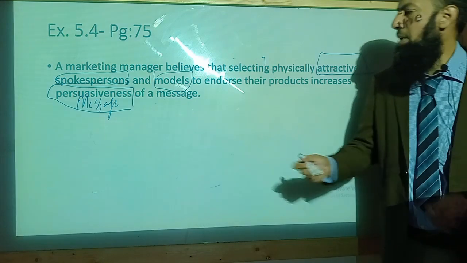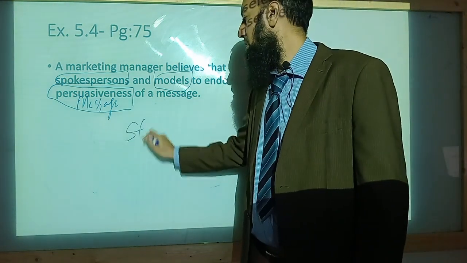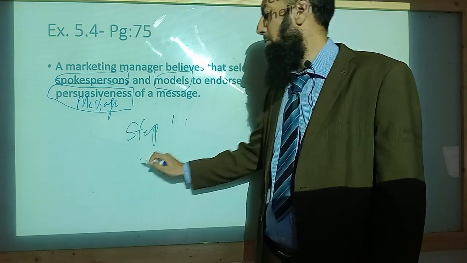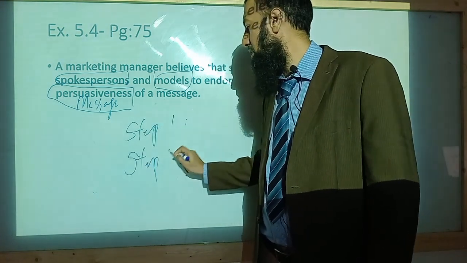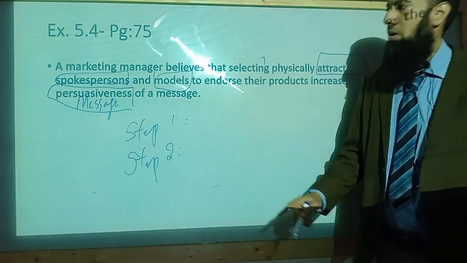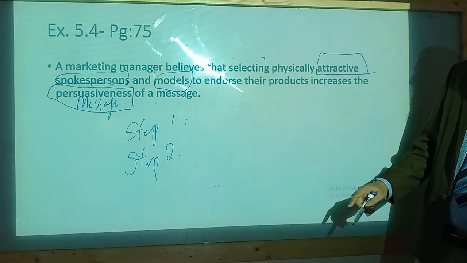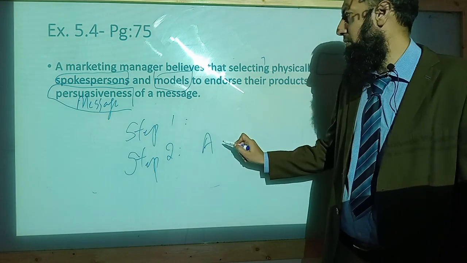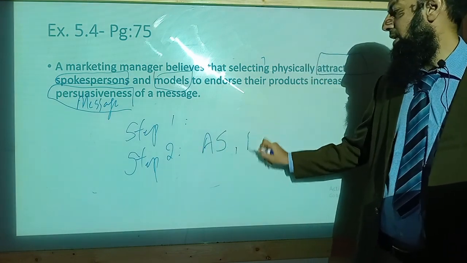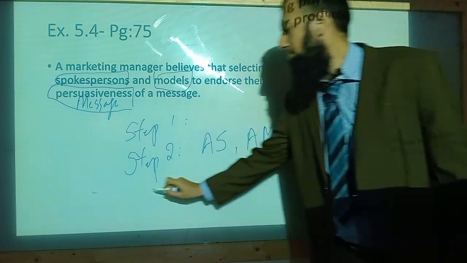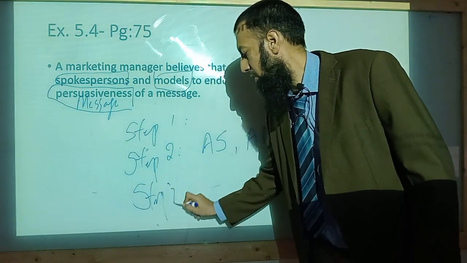Okay, so what are the independent variables now? If we jump to step 2, since we have already marked the variables: attractive spokesperson and model. Yes, attractive spokesperson, attractive models. Step 3: SA plus MA.